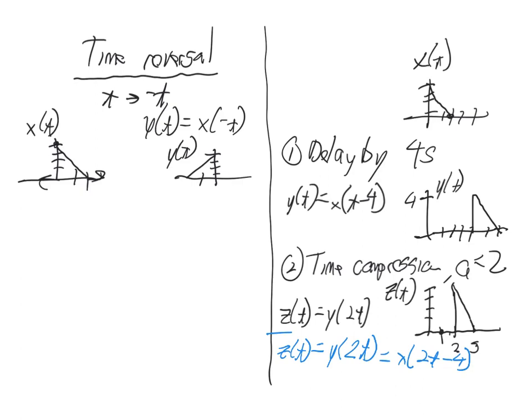So what we've done is we have it in this form, and we note that if I rearrange this a little bit, if I factor out the 2, like so, this here is my time delay.